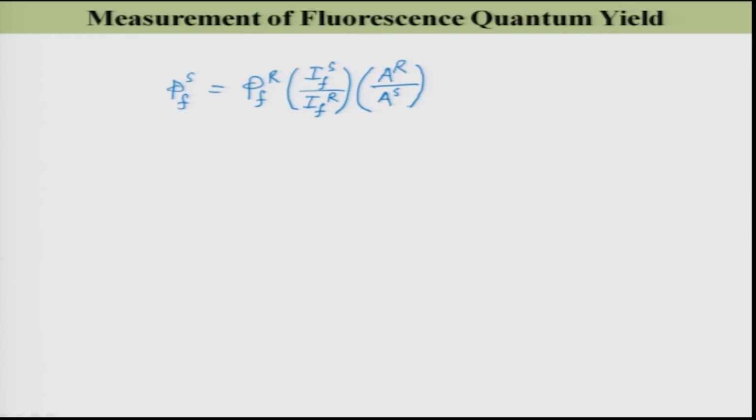So, you see in this equation this quantity is a known quantity, measurable from the fluorimeter, and this is measurable from the spectrophotometer.